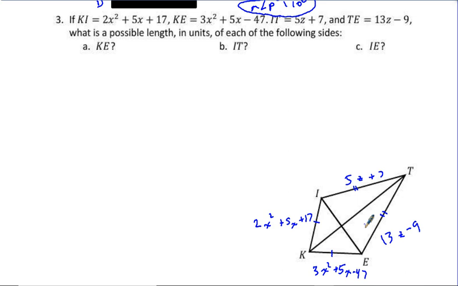First, I would like to take a look at side IT, even though that's part B. Let's look at IT first. Since we've said in this kite that IT is congruent to TE, I will say that 5z plus 7 equals 13z minus 9. And we'll go ahead and solve for z.